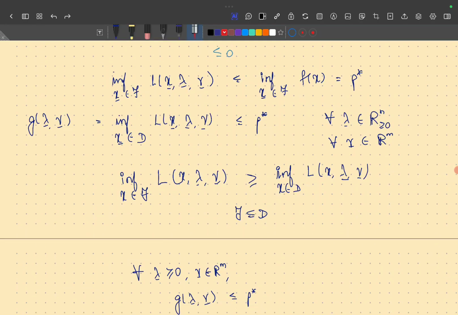And we saw that g of lambda comma nu always gives a lower bound on p star, the object that we are interested in. And so maximizing g of lambda comma nu gives us at least a lower bound on p star, but in many cases it actually gives us p star itself, because the solution to the dual optimization problem can give you p star.